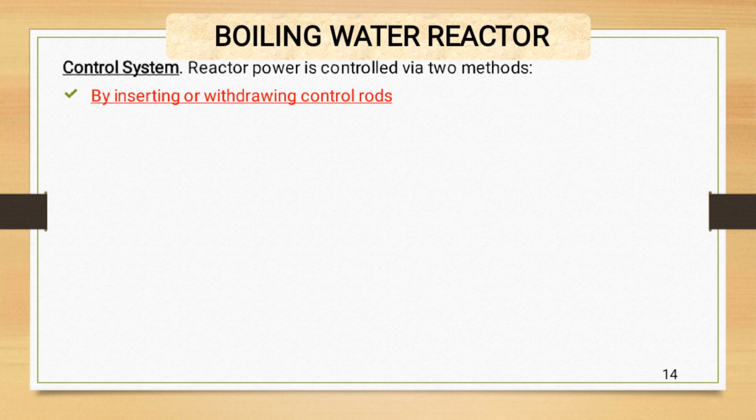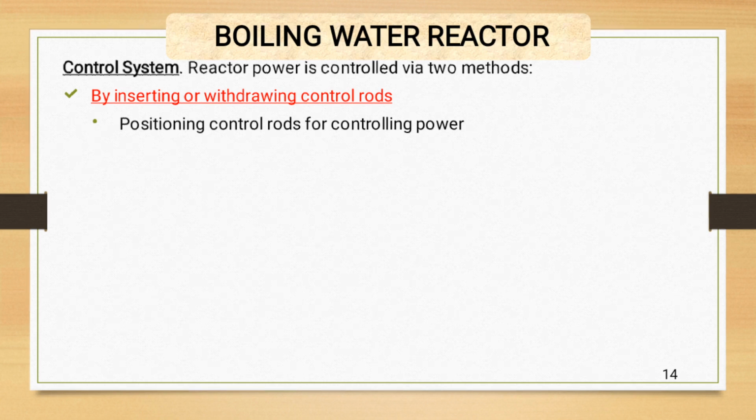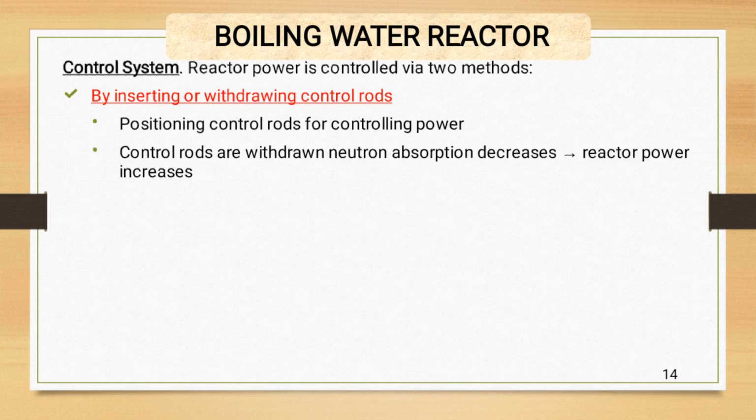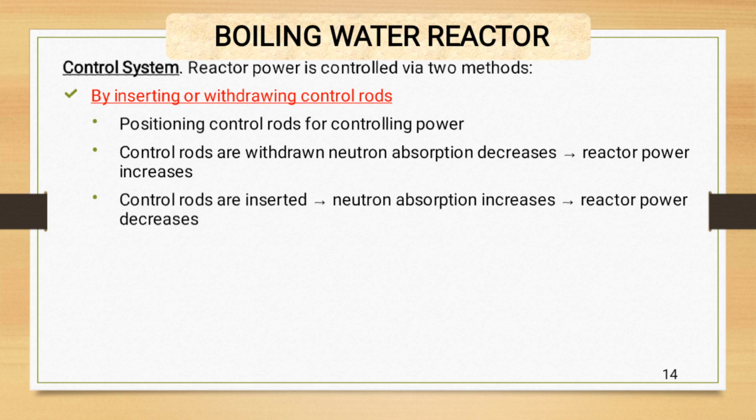First is by inserting or withdrawing control rods. When control rods are withdrawn, neutron absorption decreases, which increases the reactor power. When control rods are inserted, neutron absorption increases and the reactor power decreases.